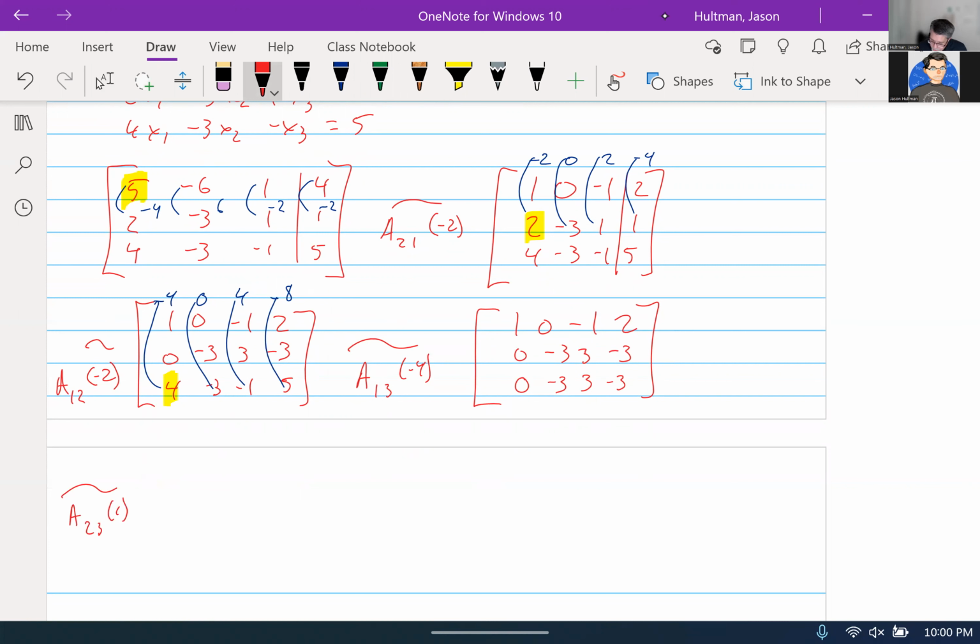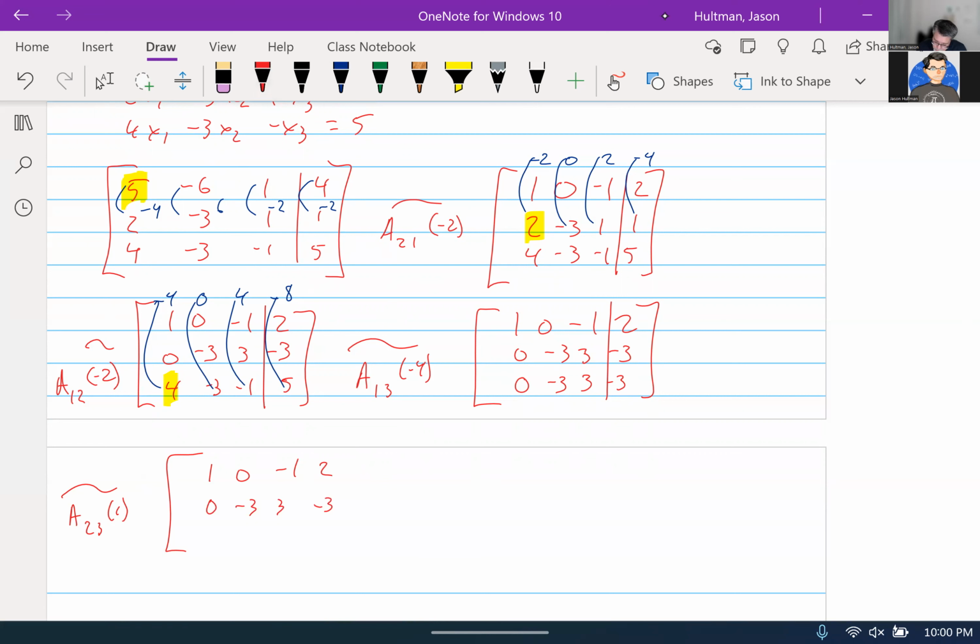So that just means I'm going to add straight row 1 and row 3 and replace row 3. So that is going to become 1, 0, negative 1. I'm forgetting to augment my matrices. There you go. Okay, 1, 0, negative 1, 2. And then 0, negative 3, 3, negative 3.